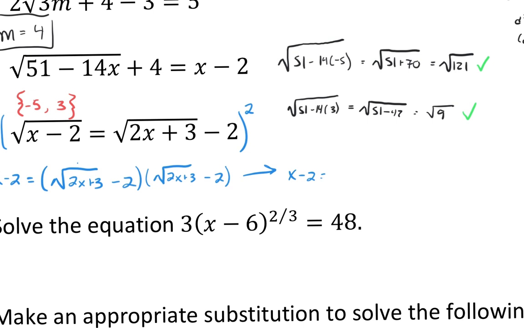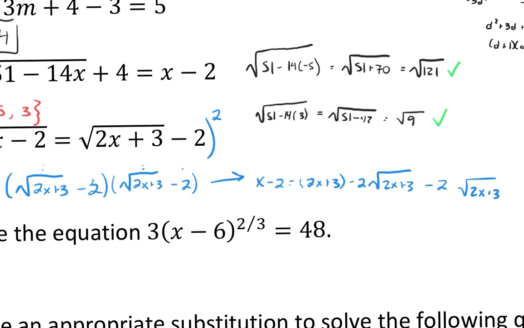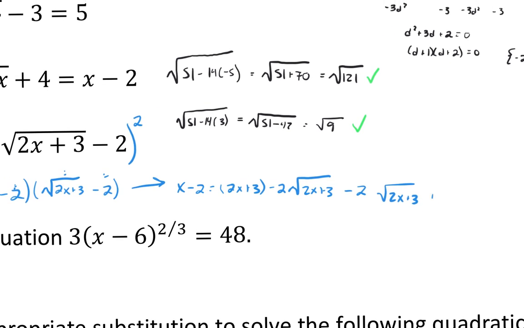First term, that's going to be 2x plus 3. Outside, minus 2 square root of 2x plus 3. Inside, minus 2 square root 2x minus 3 plus 3. And then last will just be plus 4.